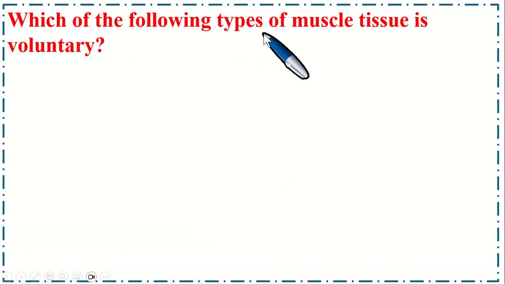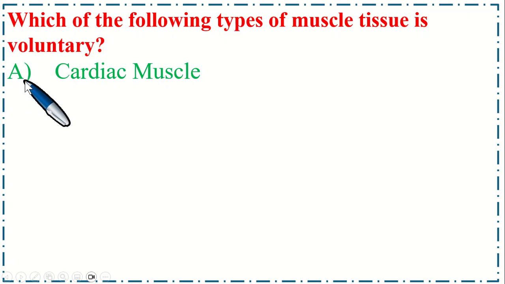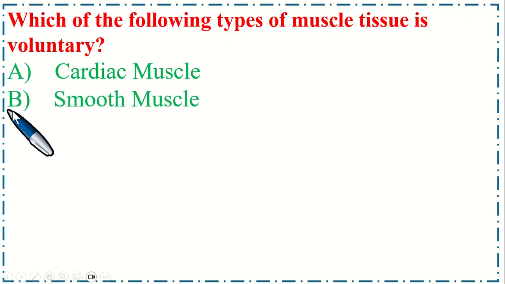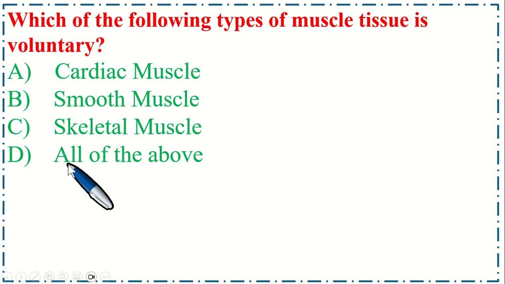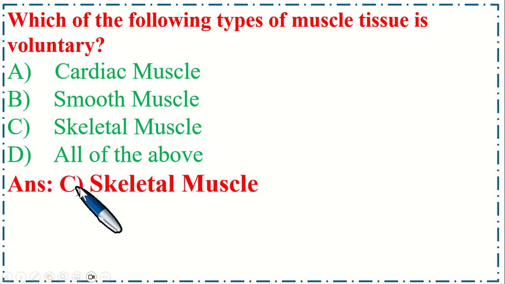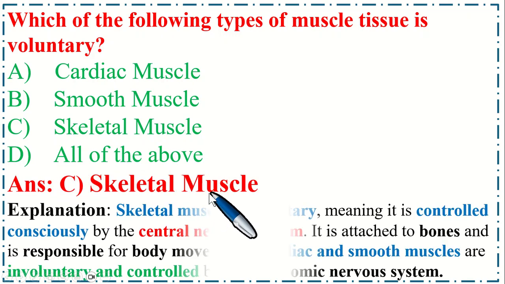Which of the following types of muscle tissue is voluntary? Option A cardiac muscle, B smooth muscle, C skeletal muscle, and option D all of the above. So the correct option is C, skeletal muscle.